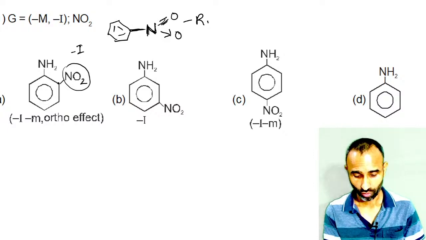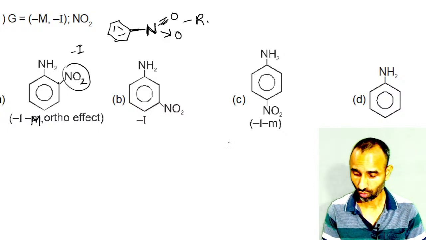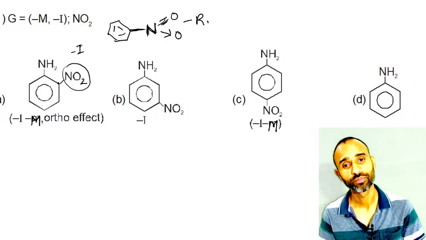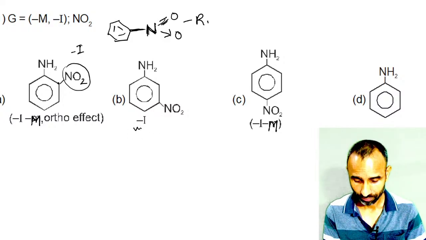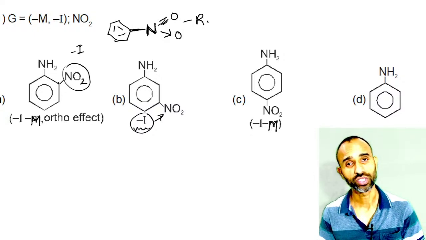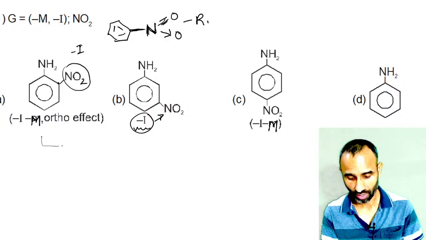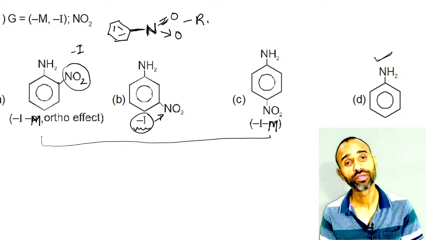So the NO2 group at ortho and para position will show minus I and minus M effect, and at meta position it will show only minus I effect. So all the three are electron withdrawing, and that's why they are weaker bases than aniline.